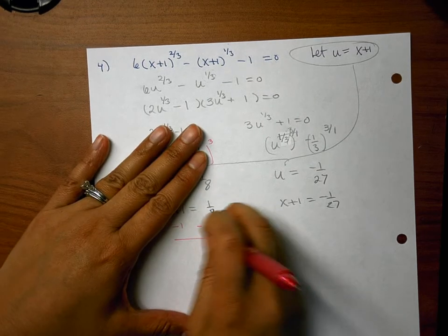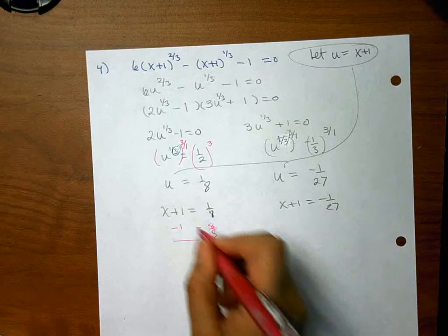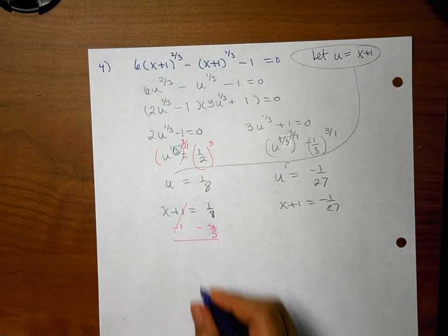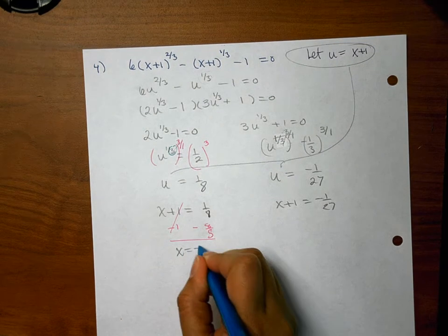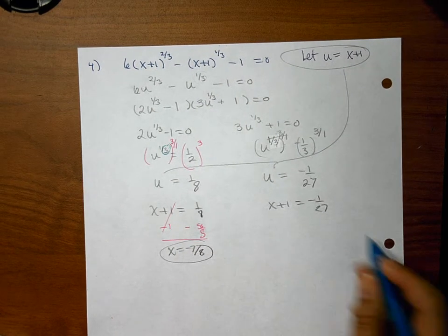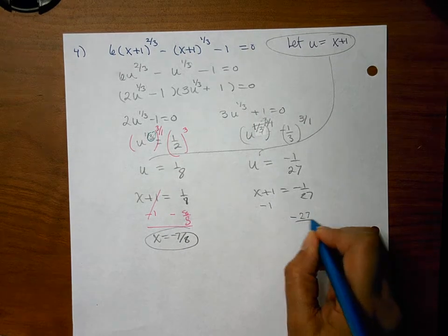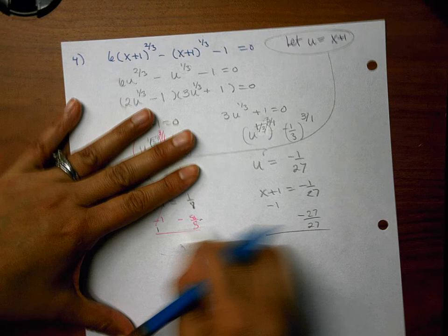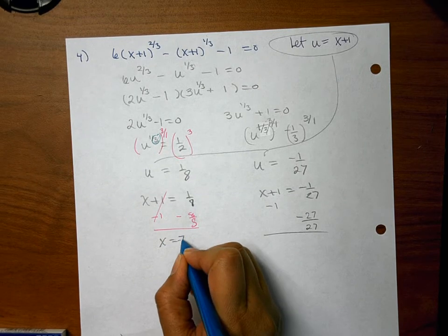And I'm going to subtract 1. Subtracting 1 is equivalent to subtracting 8/8 because 8/8 is the same as 1. So 1/8 minus 8/8 is -7/8. And let's see, subtract 1. I'm going to write that as -27/27.